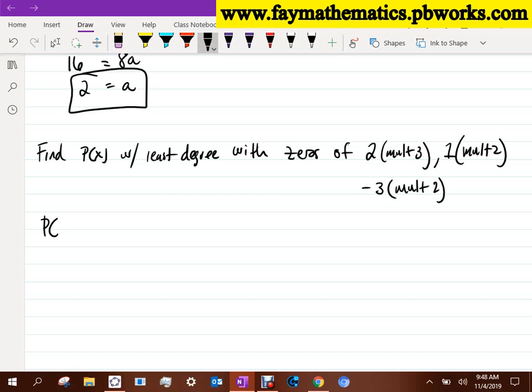All right, so I'm trying to find P of x, and it's got to be least degree.